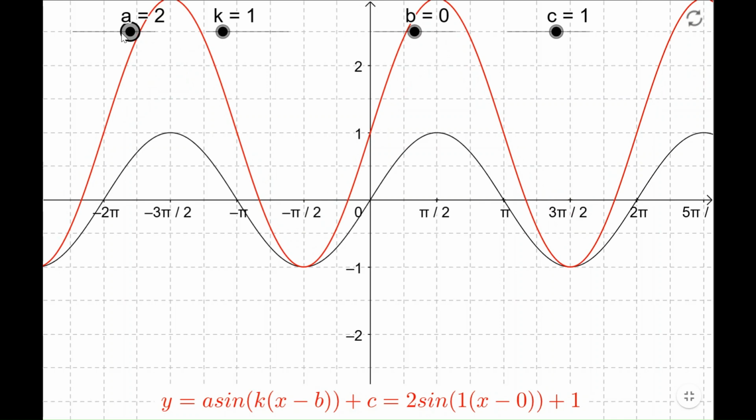So the top of the graph is at 3. To get to the bottom, we go from 1, the midline, down 2 units, so from 1 down to -1. The amplitude and the vertical shift help us figure out where the middle of the graph is, where the top is, and where the bottom is.